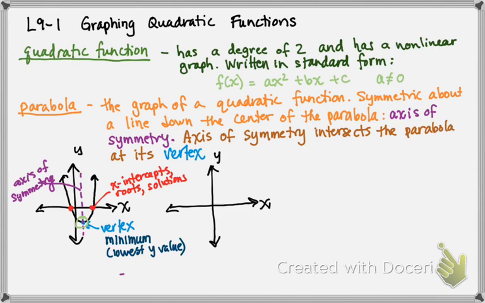So let's go over to the other side and do another parabola. This is what this one looks like. Here's the vertex for this one. And notice that the axis of symmetry happens to be the y-axis, and that's a definite possibility.